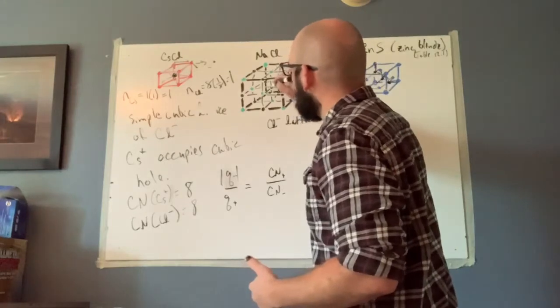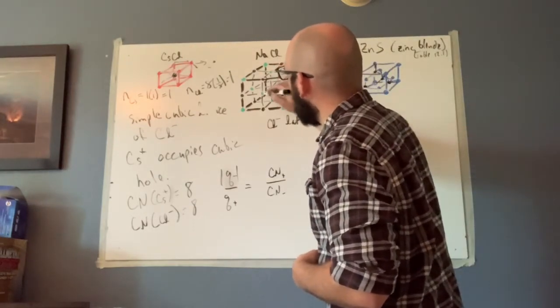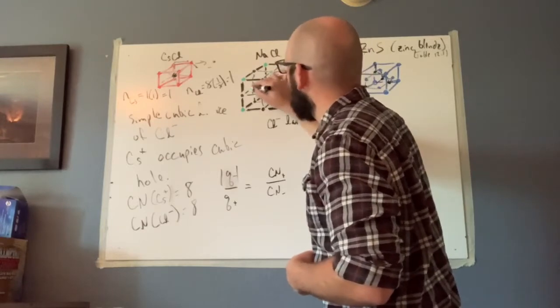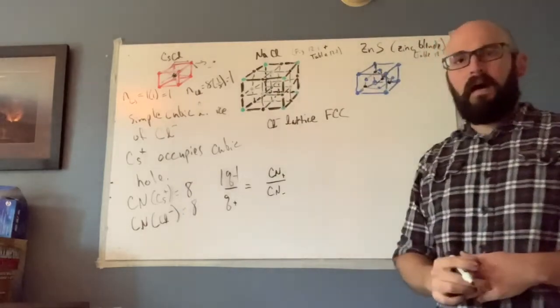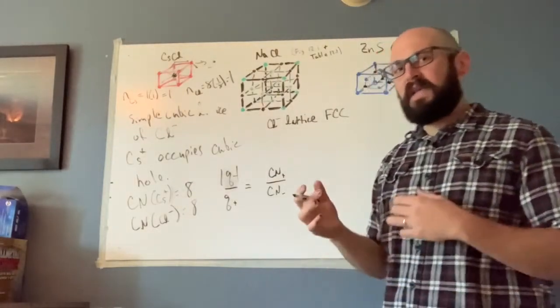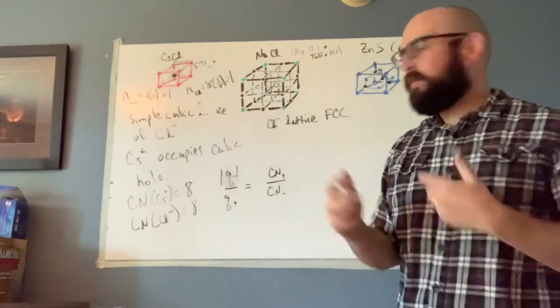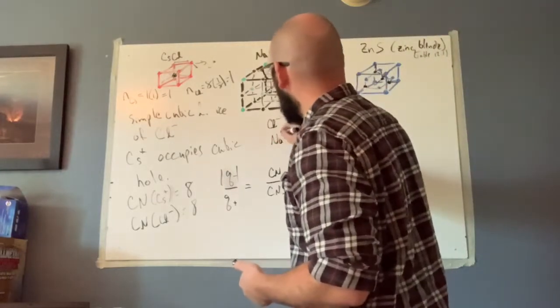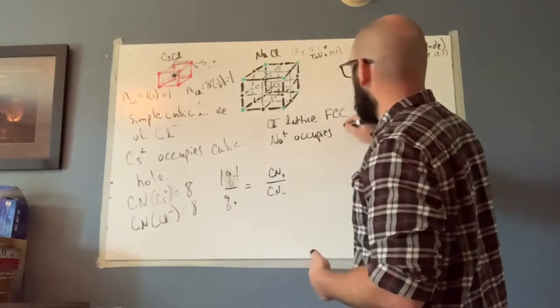So right here in the middle, we have a sodium cation, and it's coordinated to 1, 2, 3, 4, 5, 6 chloride ions. They're the chloride ions that reside on the faces of our cubic system. So we say then that sodium occupies the octahedral holes.